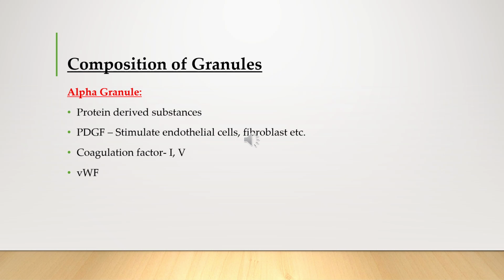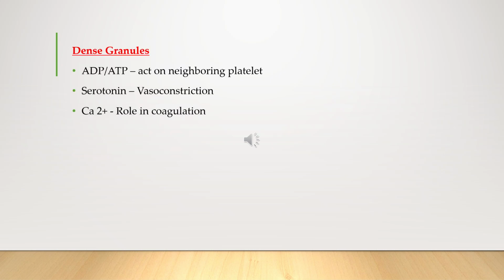Then there are coagulation factors present, which are factor 1 and factor 5. Factor 1 and 5 are basically synthesized from the liver. Then von Willebrand factor, which is important for platelet adhesion. The von Willebrand factor is synthesized by the megakaryocyte, and this is stored inside the alpha granules.